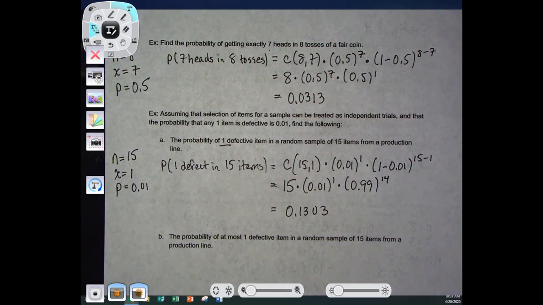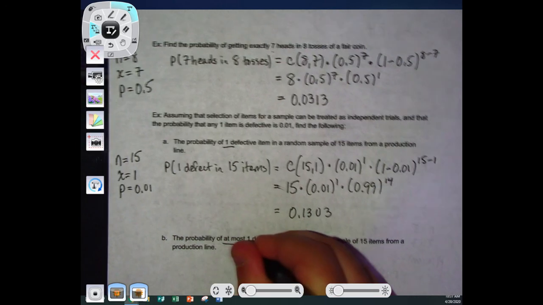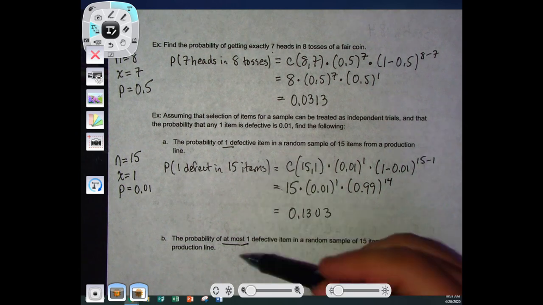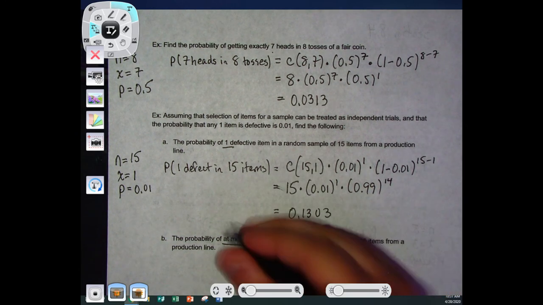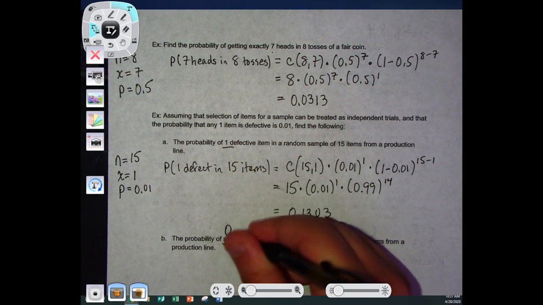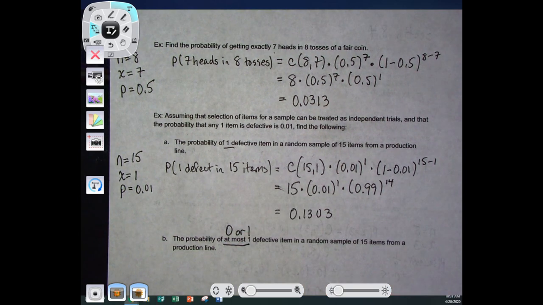Okay. So now the next question says, what's the probability of at most one defective item in a random sample of 15? Okay, so again, this is at most. Because it says at most, this time this means 0 or 1.